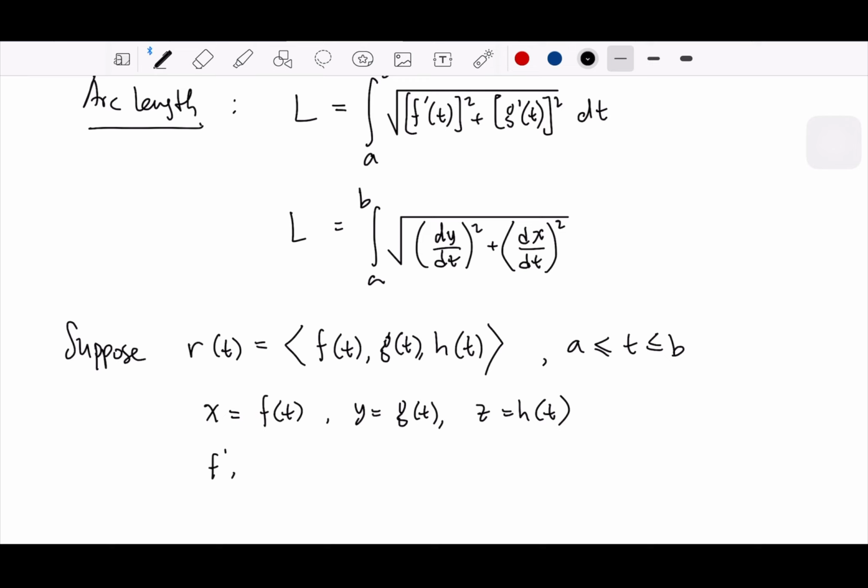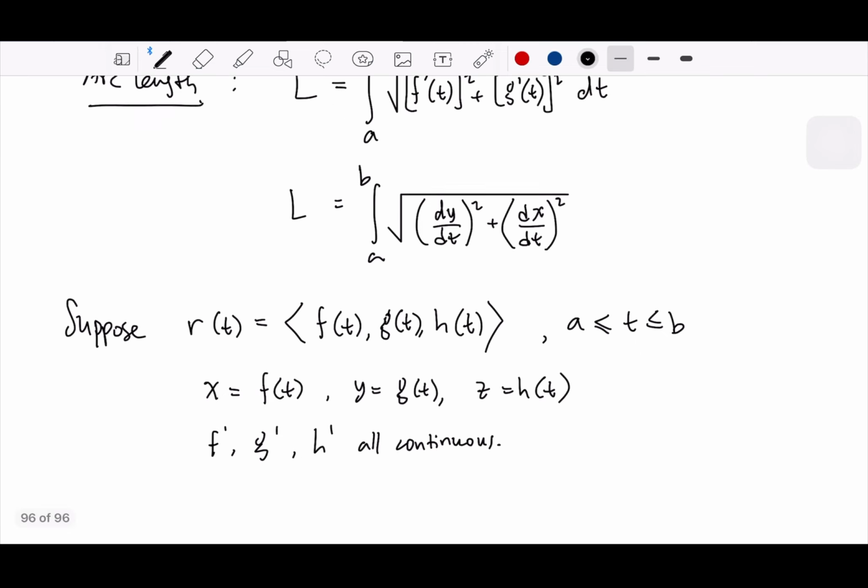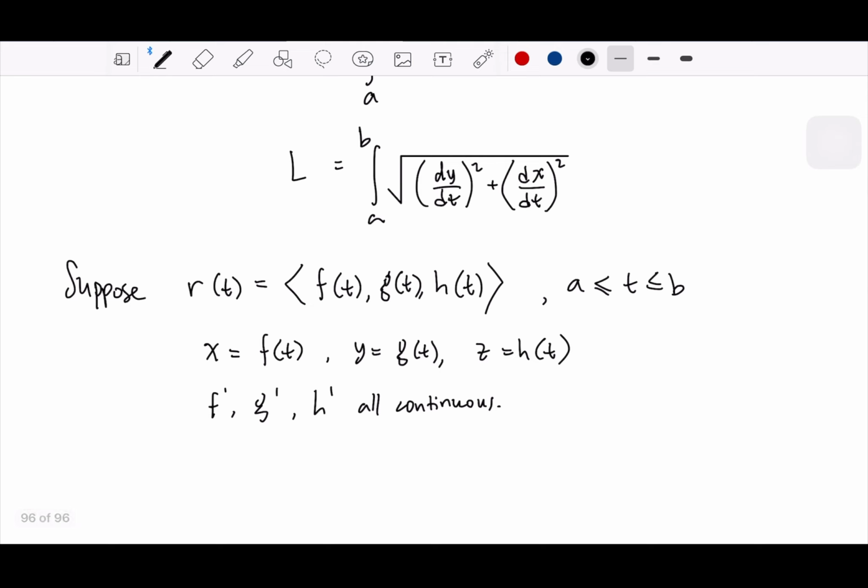And we state that f prime, g prime, and h prime are all continuous. And because it's also parametric, we need to mention that the curve needs to be traversed exactly once as t increases.